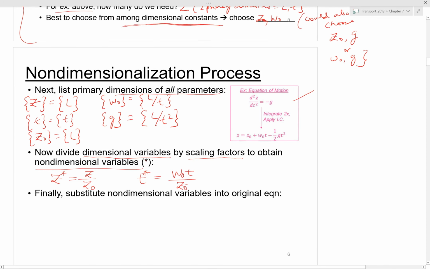So now we substitute these non-dimensional variables into the original equation. So our original equation is this.